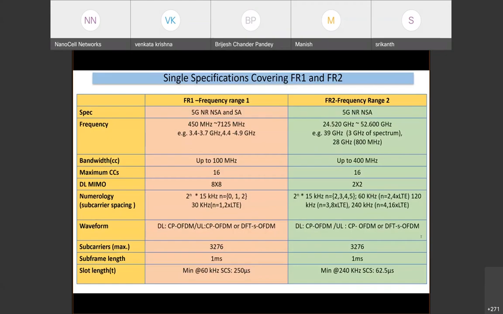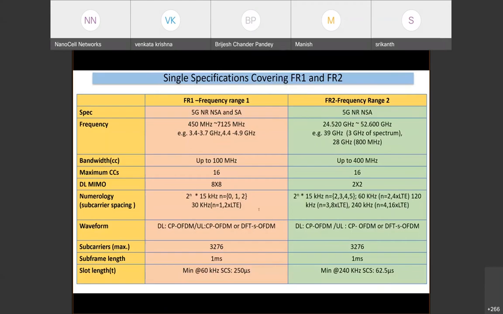Okay. So the DFT spread OFDMA is nothing but, what we do is we basically take the data that you want to send. And for those of you who might not be inclined on the signal processing side, you can just ignore this. What we do is we do a transform of the data before we actually put it on the subcarriers. And why do we do this?